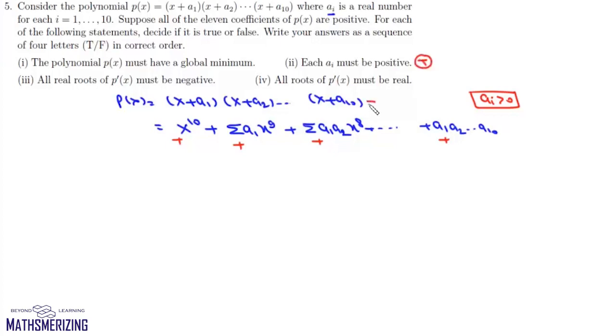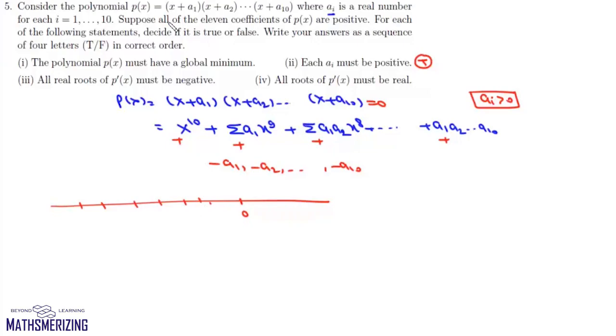And the roots of this equation are minus a1, minus a2 and up to minus a10. So if all the ai's are positive, then minus ai's are negative. So all the roots of this equation are negative. So this equation will have 10 negative roots.